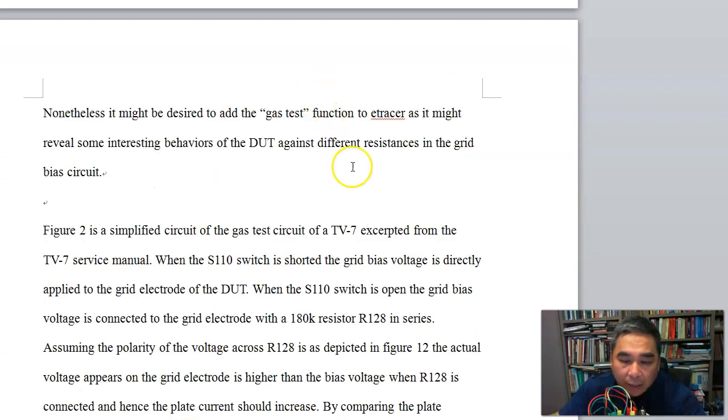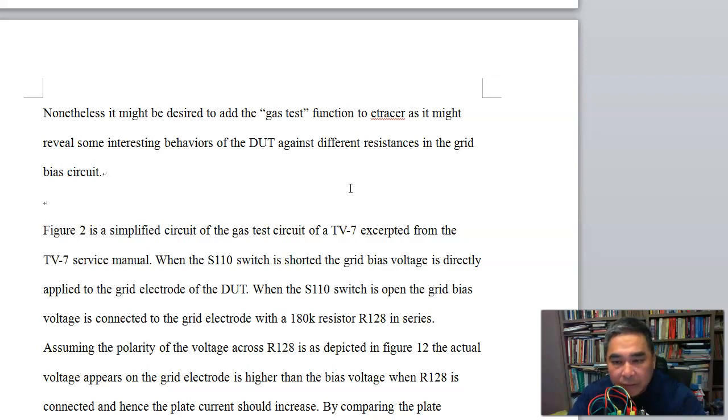But even though we know the gas current is not the only source of the grid current, and measuring grid current does not necessarily indicate how gassy the tube is, it might still be good to add the gas test function to etracer, because with the capability of etracer, it can actually do much more than a TV7.